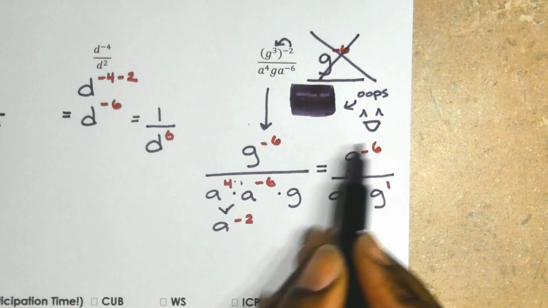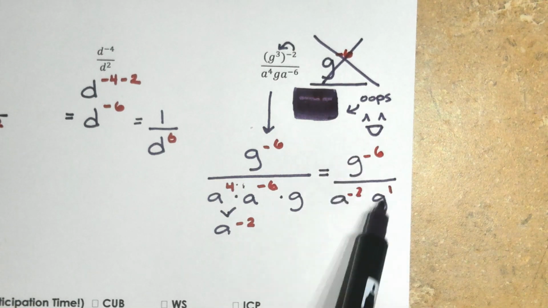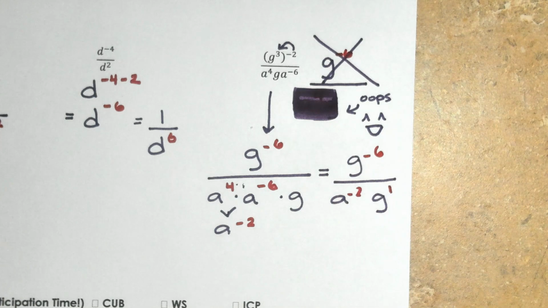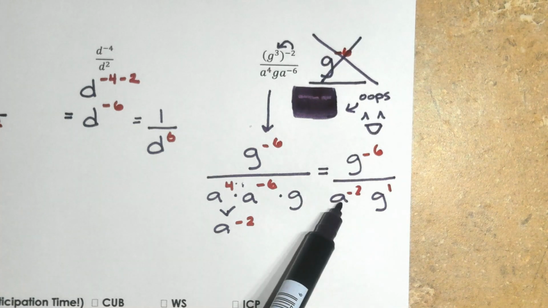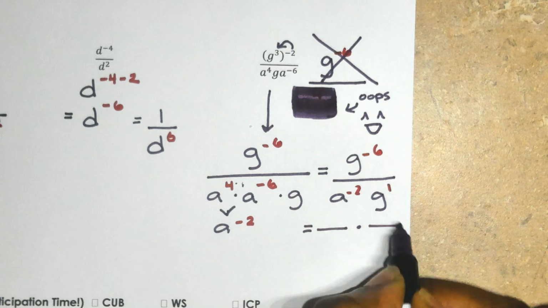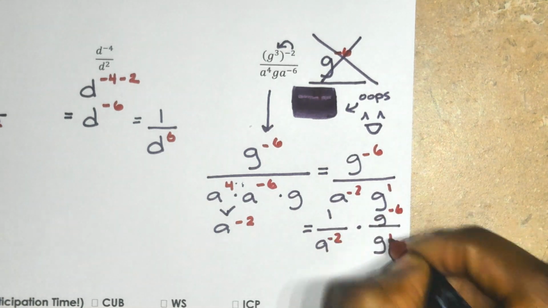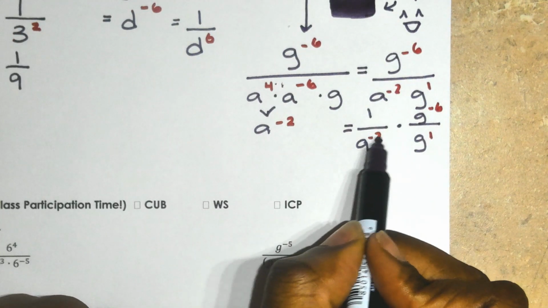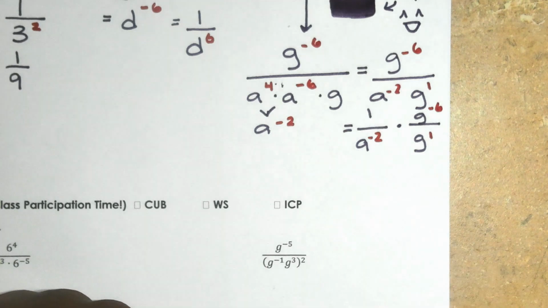The way I'm going to do that is I'm going to separate this term into two fractions that are being multiplied by each other. In one fraction I'm going to have all the a terms, and in the other fraction I'm going to have all the g terms. Doing this allows me to focus on just one term at a time.